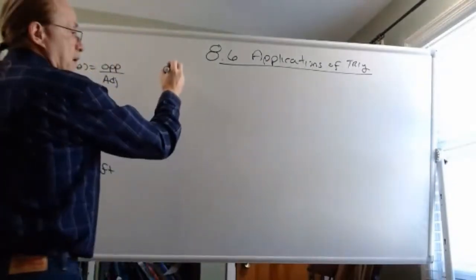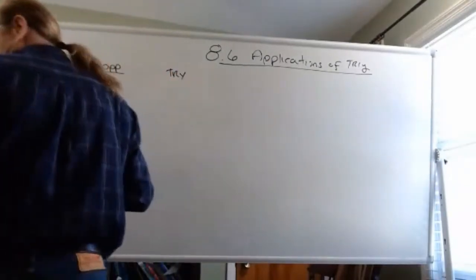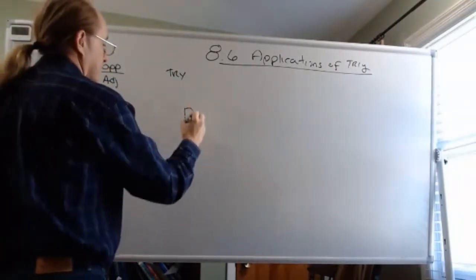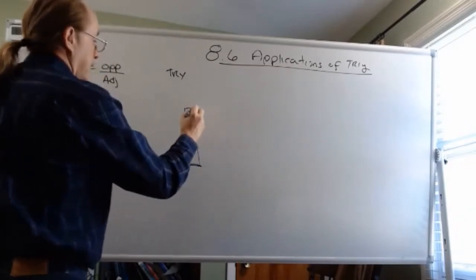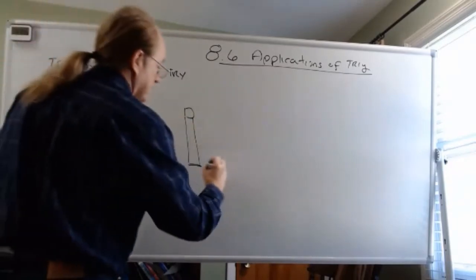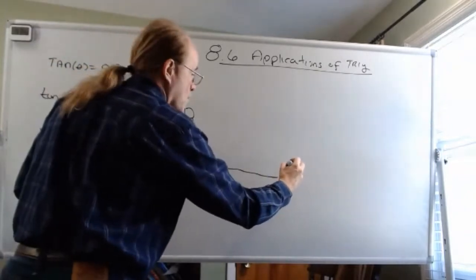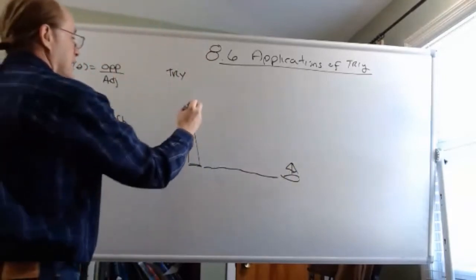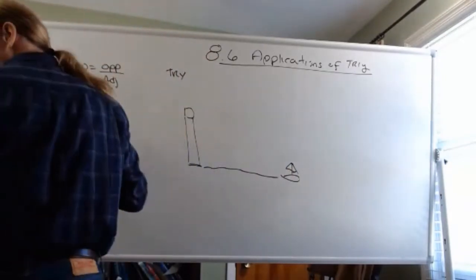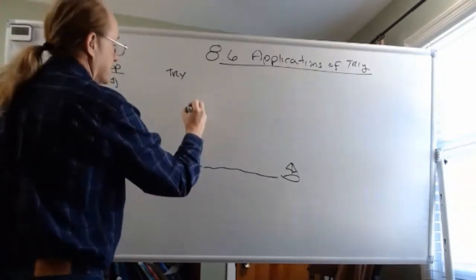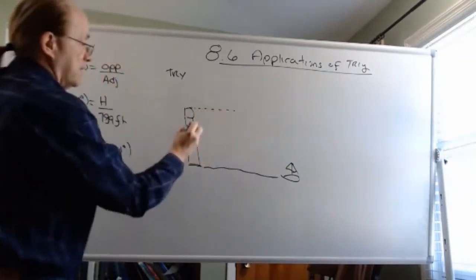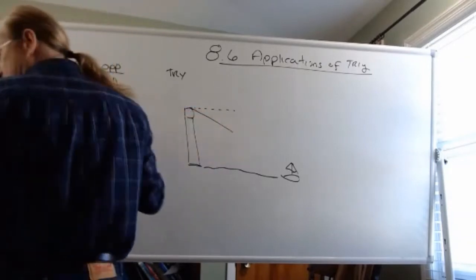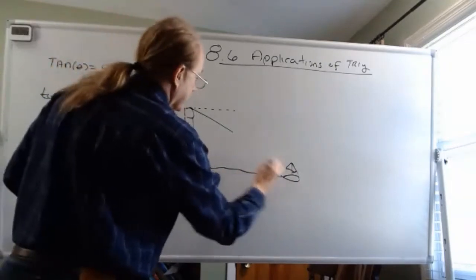So here's one for you to try. Now we have a lighthouse, and you're looking at a boat, some sort of sailing ship in the water. You're up here at the top, and you can measure your angle out to where the base of the boat is.